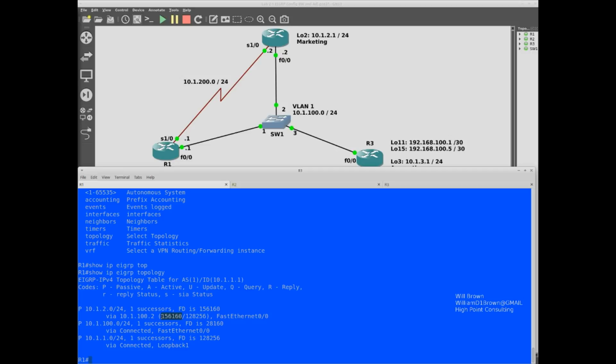If the default values are maintained, the equation comes down to bandwidth plus bandwidth times 256. Let me see, I can bring that up.